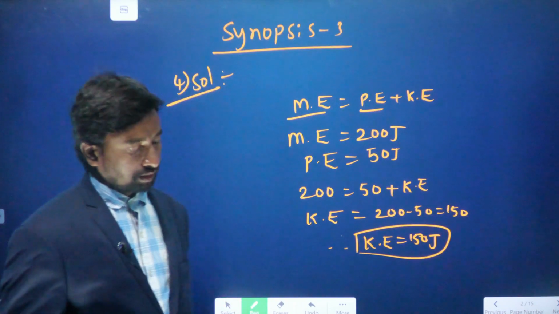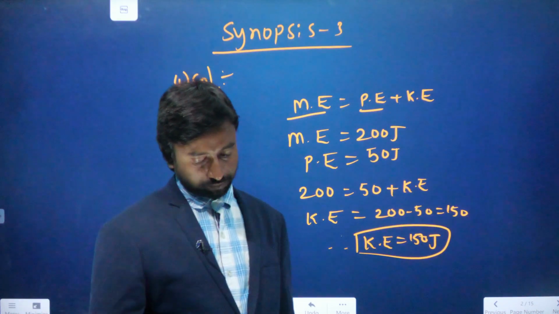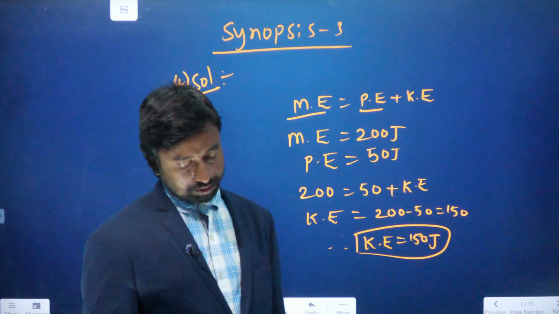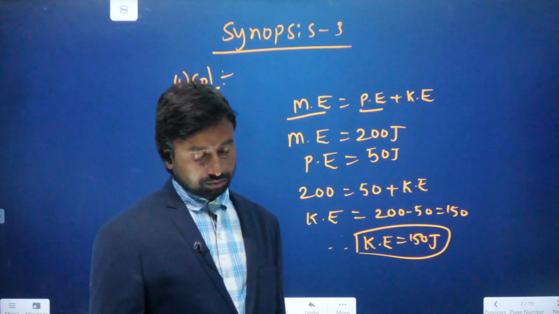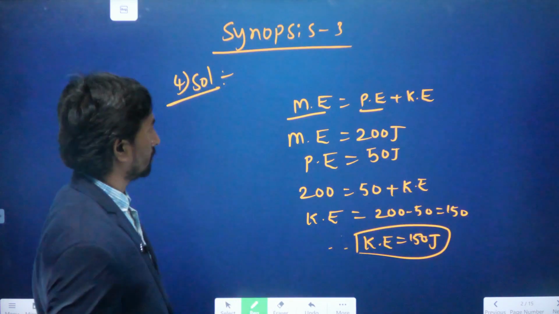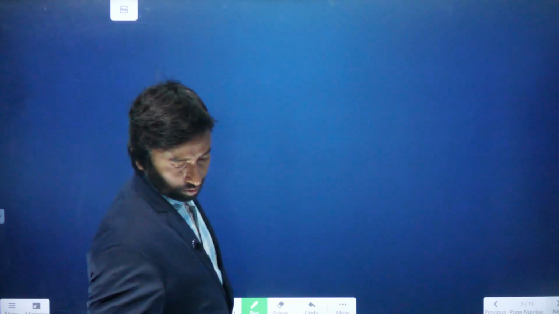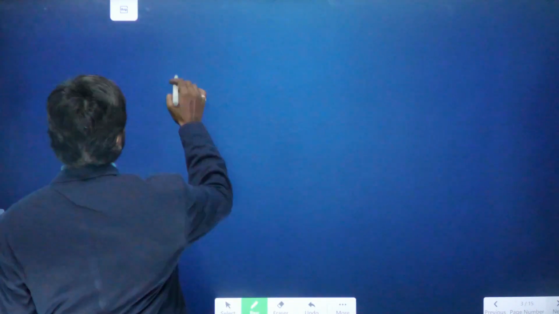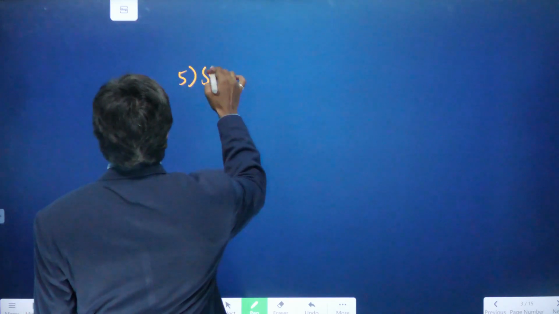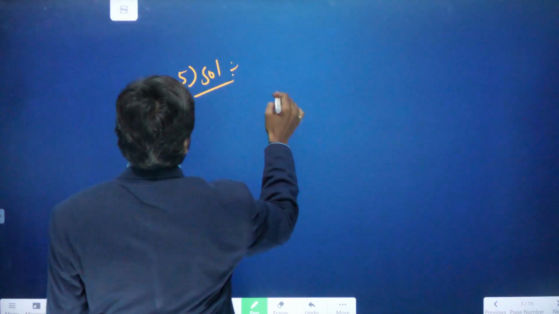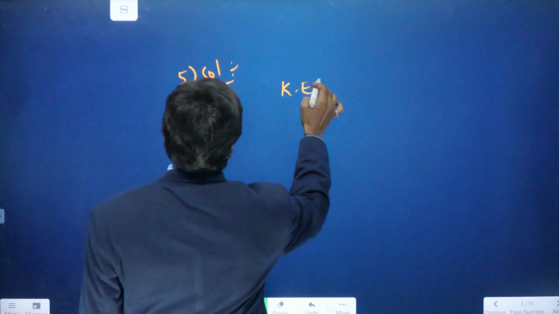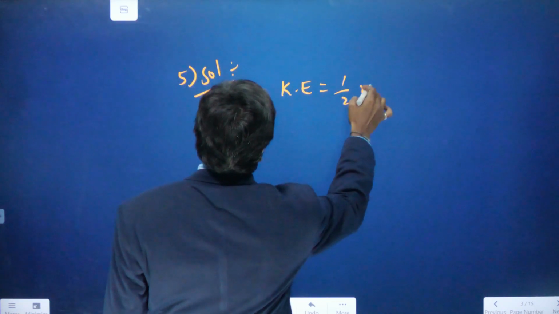So what is the kinetic energy equation we got there? Kinetic energy is equal to half into m into v square.